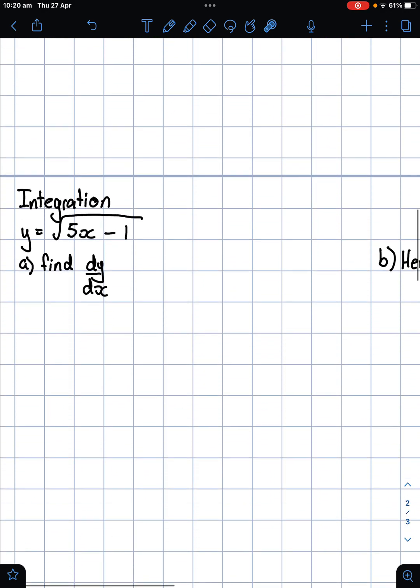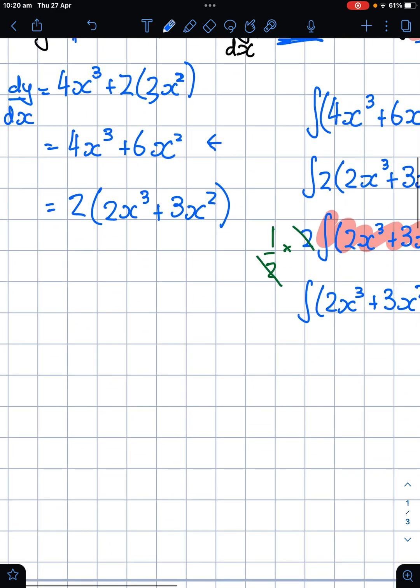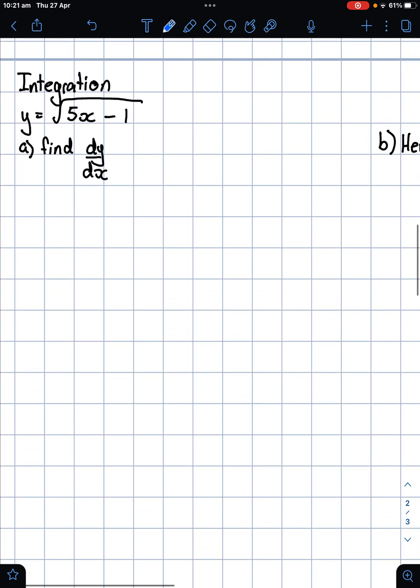Let's just quickly do our next one here. So that example helps us get through the simple ones. Then the next example here, we're looking at finding dy dx again. So we've got 5x minus 1 to the half. So let's do the integral of this.